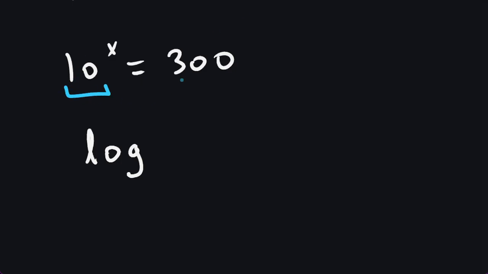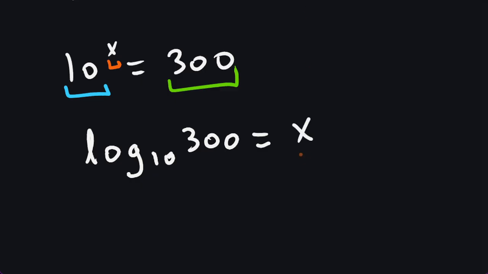The base is 10, so we'll put the 10 down here in a smaller font. And then what it equals, 300, we'll put up here. 300 equals the exponent, which is x.